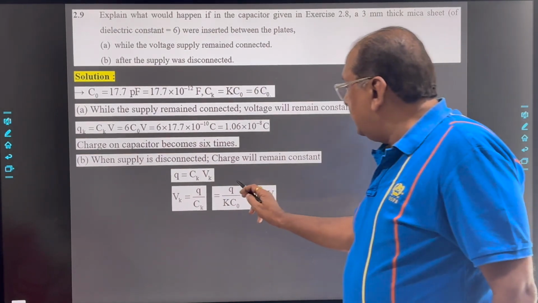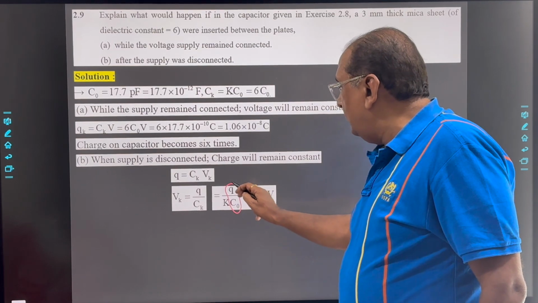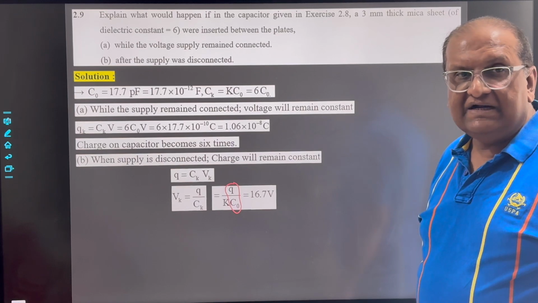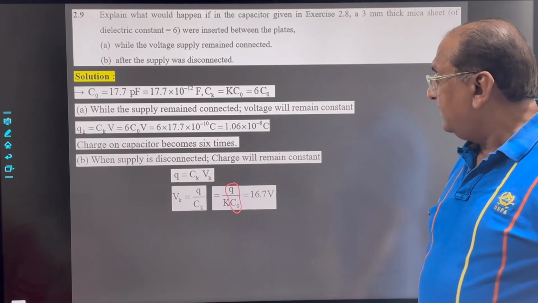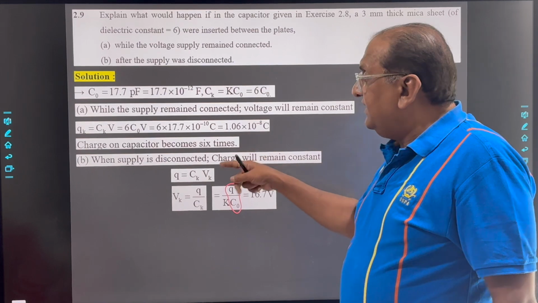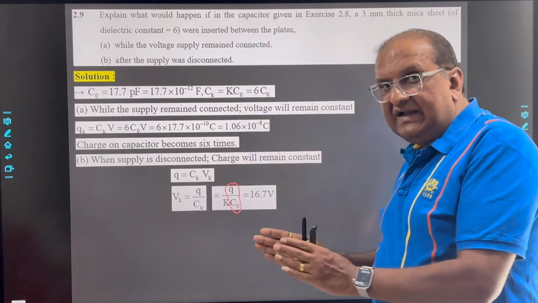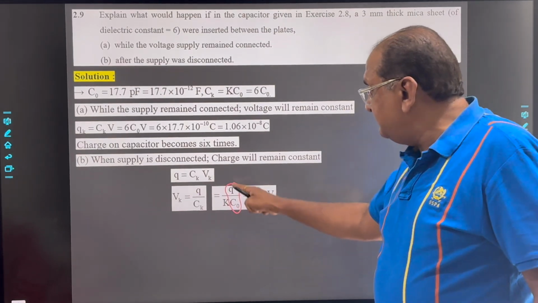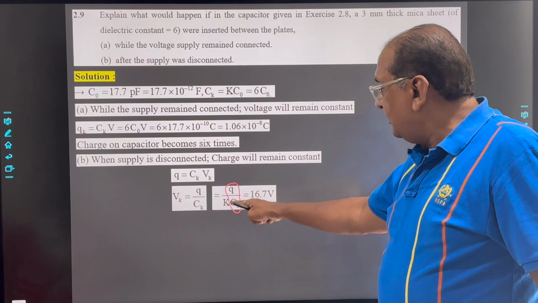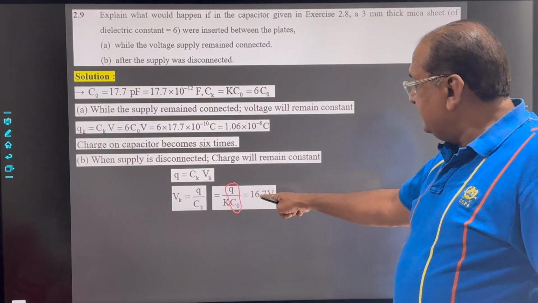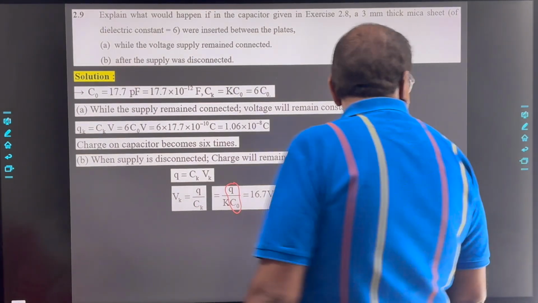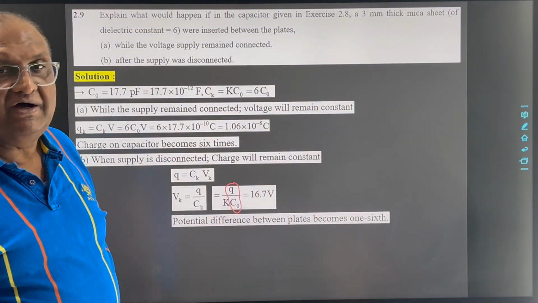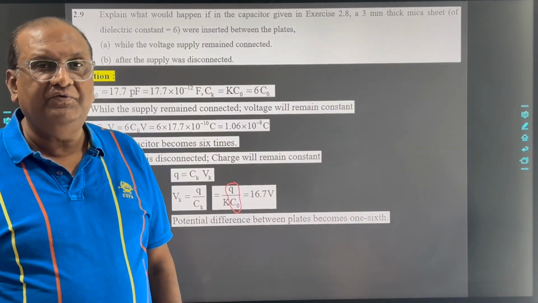Now Q upon C0 is our supply voltage, that is 100 volt initially, right? Now when it is disconnected and then the dielectric substance is introduced, the potential difference between plates becomes 1 upon K times, so 100 upon 6, that is 16.7 volt. So here potential difference between plates becomes 1/6. Clear to all of you?